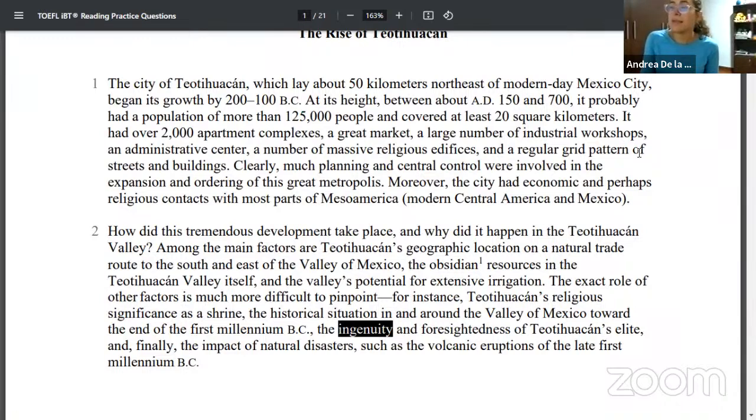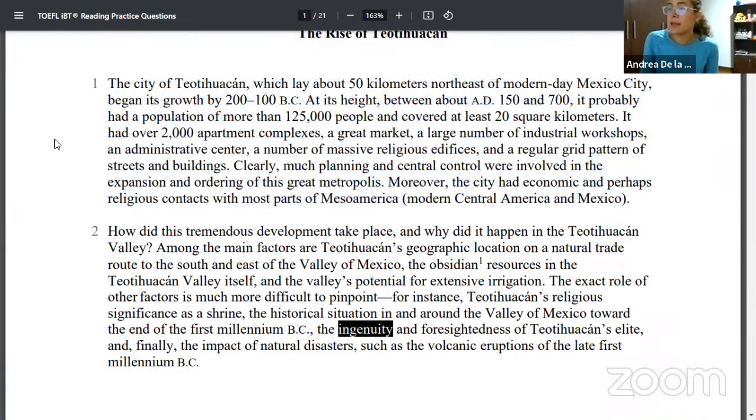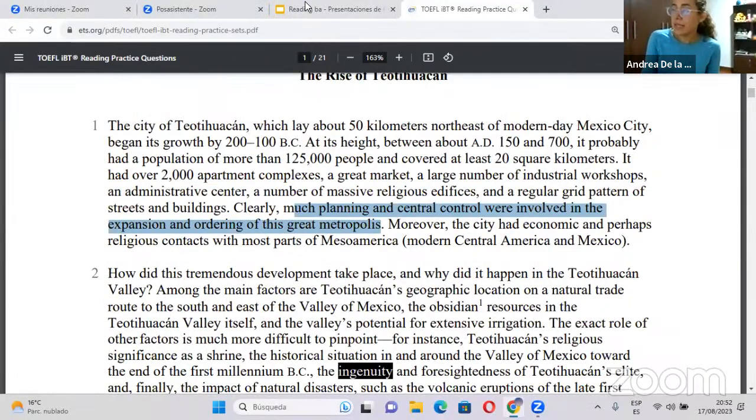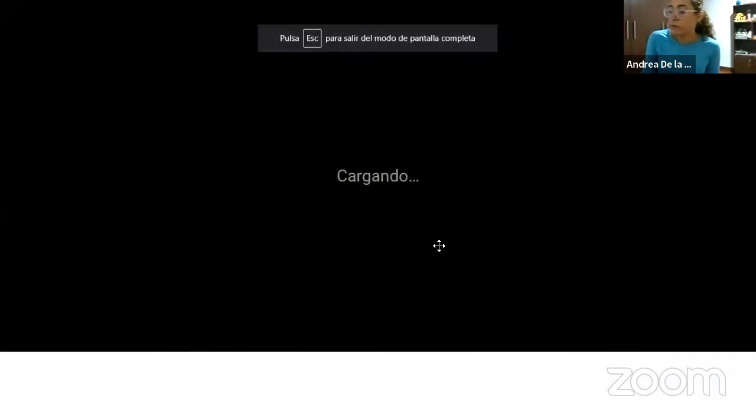For example, in this case, look at how in the first paragraph, the introduction, they say it had over 2,000 apartment complexes, a great market, a large number of industrial workshops, an administrative center, a number of massive religious edifices, a regular grid pattern of streets and buildings. Clearly, much planning and central control was involved in the expansion and ordering of this great metropolis. And look at how that idea is replicated in one of the options.